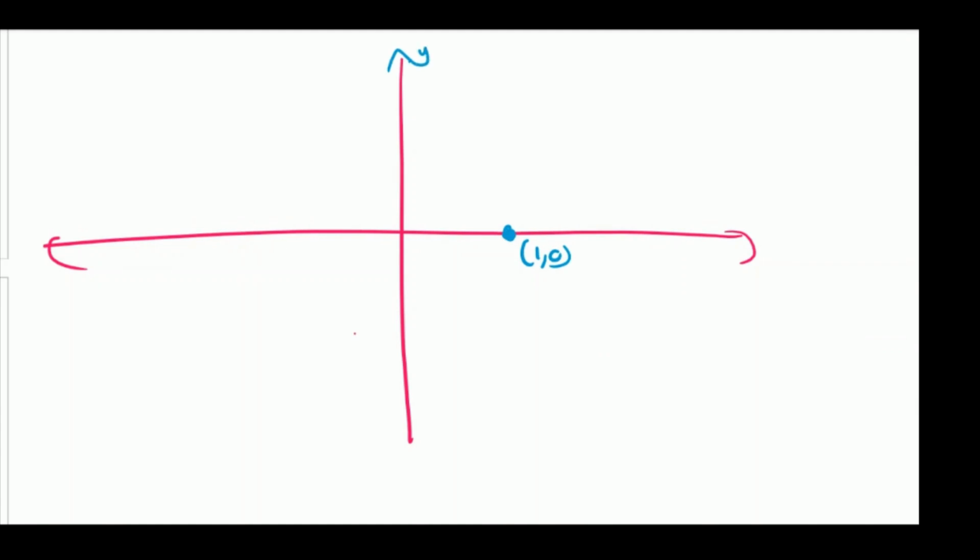So this is your y-axis and this is your x-axis. Your graph is going to move like this, meaning that it won't touch your y-axis. So this is your inverse of f.